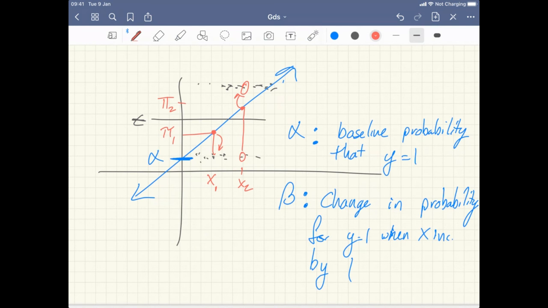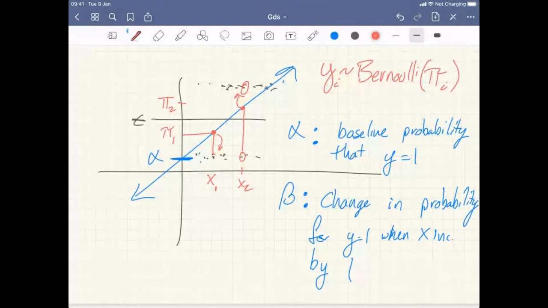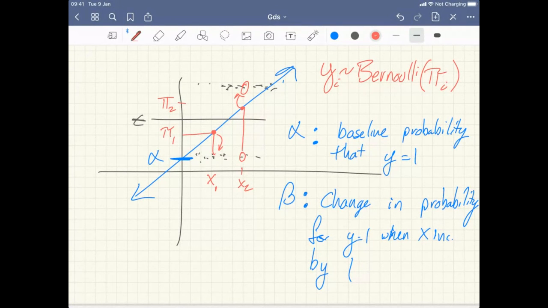And that's because this model represents y as distributed Bernoulli pi i. And this just happens because you can take the normal distribution, chuck a threshold on it, and get the Bernoulli values out. Okay? So you can interpret alpha and beta in those terms.